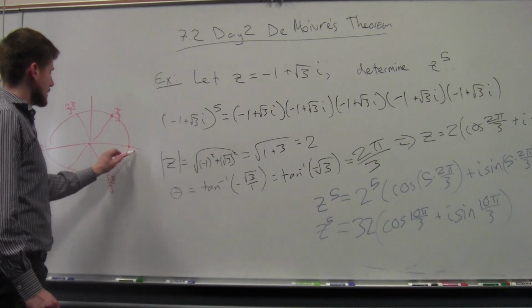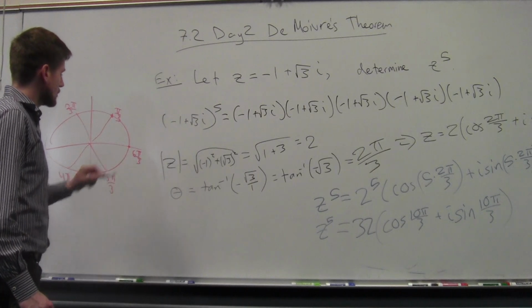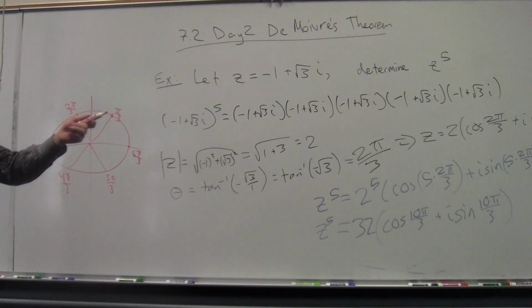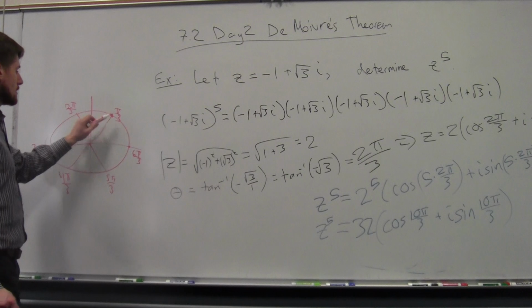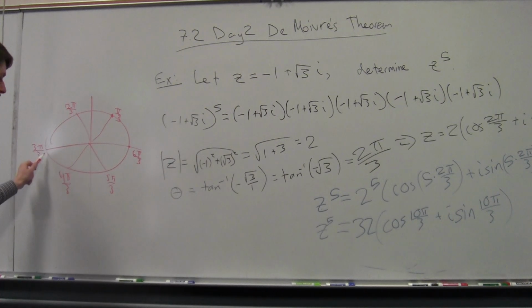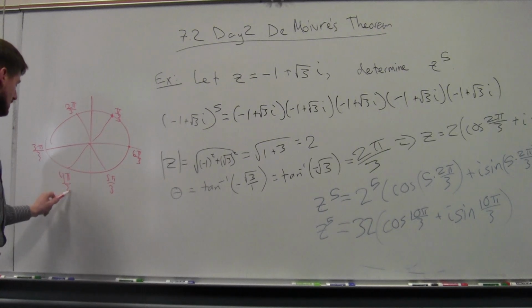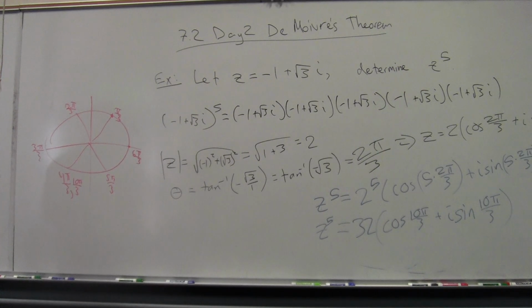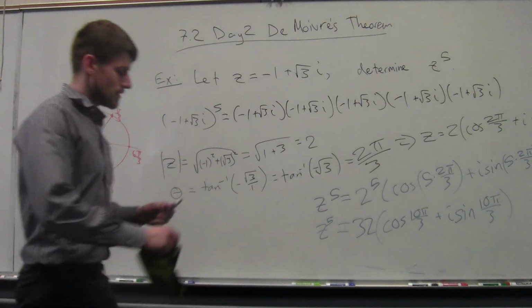And then back here is 6 pi over 3, or 2 pi. So let's keep going. We need to get to 10 pi over 3. So this is 7 pi over 3, 8 pi over 3, 9 pi over 3, 10 pi over 3. So this is the same point, same angle. My cosine over here is going to be negative 1/2, and my sine is going to be negative root 3 over 2. So we can enter those numbers in here.